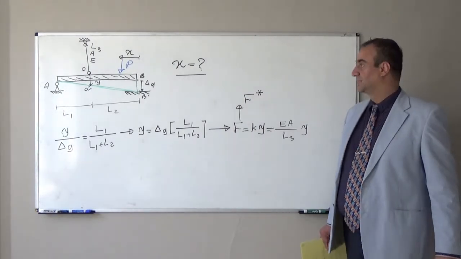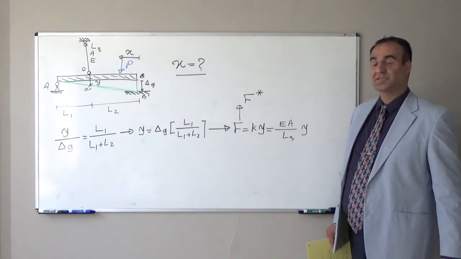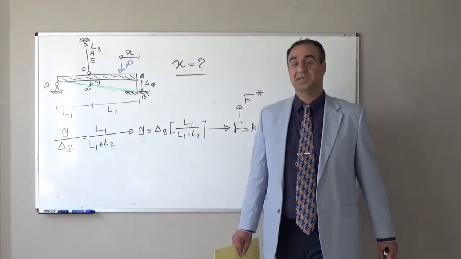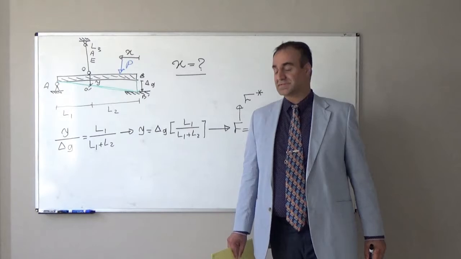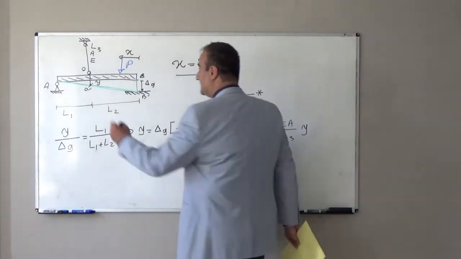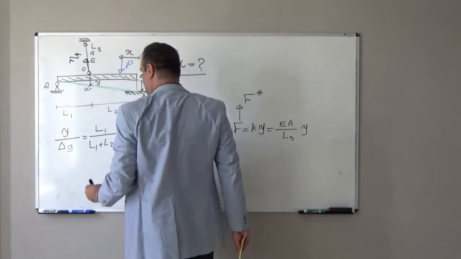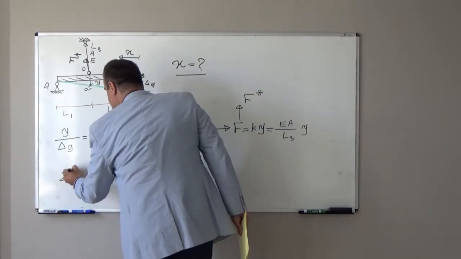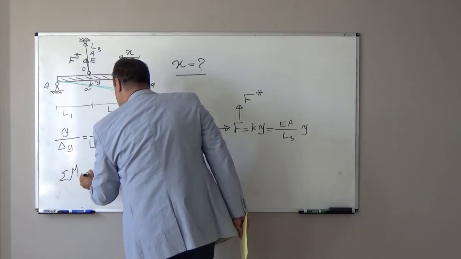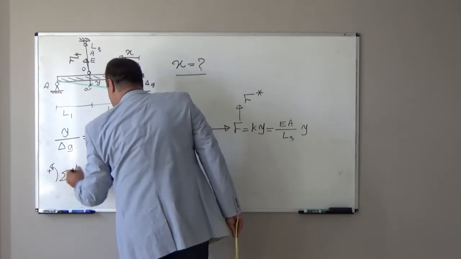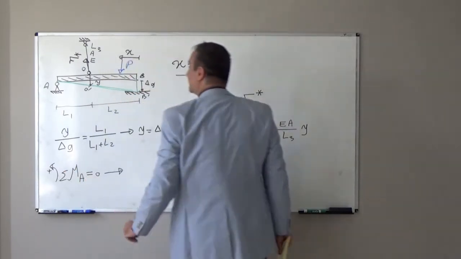If F is a known value, we can find the location of the external load P in order to close the gap. How can we find it? If we know this F star, because we know the magnitude, and I take summation of moment with respect to A equal to 0, what will I have?